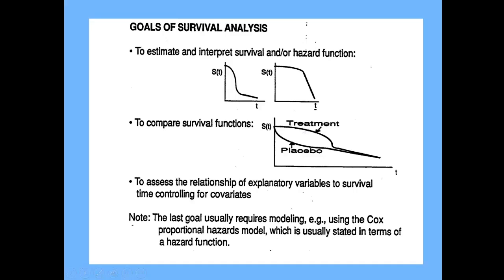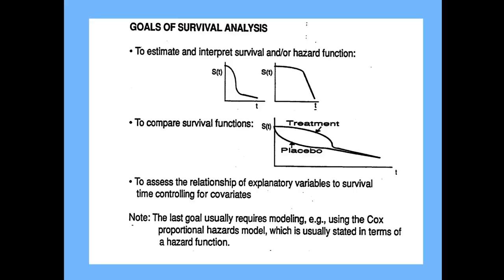So the goals are either to estimate a survival or hazard function, or to compare survival functions, or, more generally, as I've stated here, to assess the relationship of explanatory variables to survival time, controlling for covariates. What is this sort of another way of saying? What do we mean by explanatory variables? Well, one could be an exposure variable. Another could be a confounder.